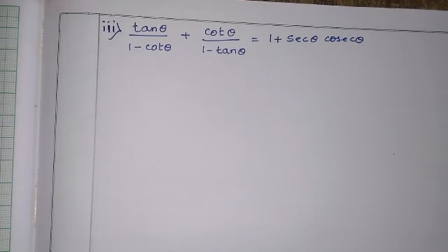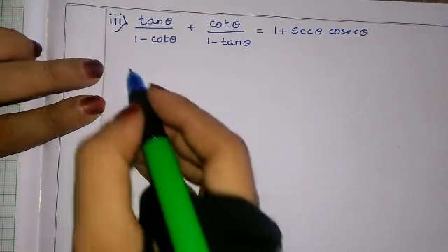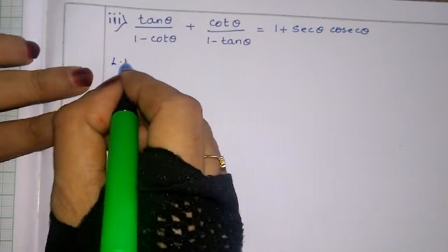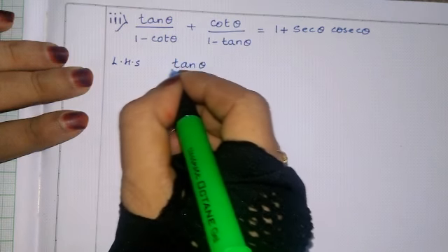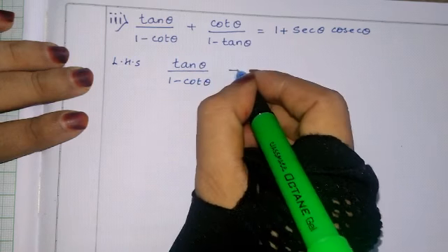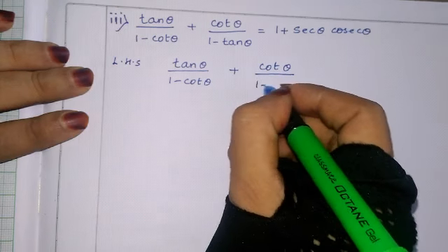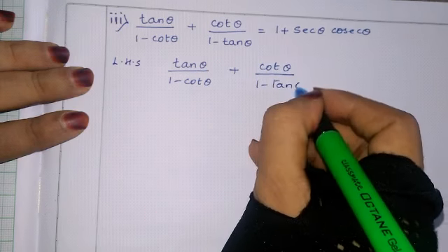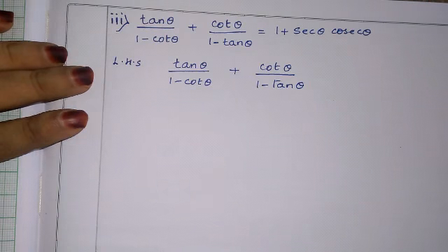I have written here, prove that, I'll write LHS: tan theta upon 1 minus cot theta plus cot theta upon 1 minus tan theta. Properly we have to solve this because we have to convert this in terms of sine and cos.